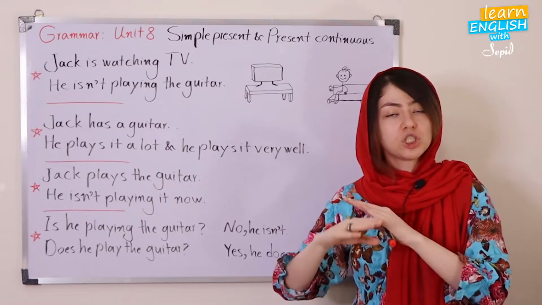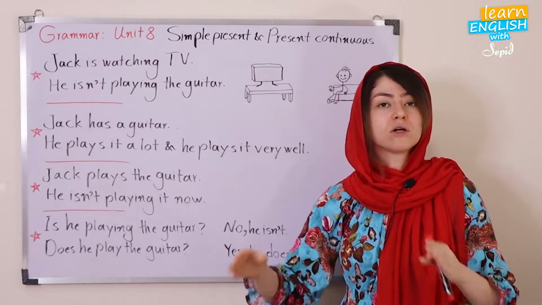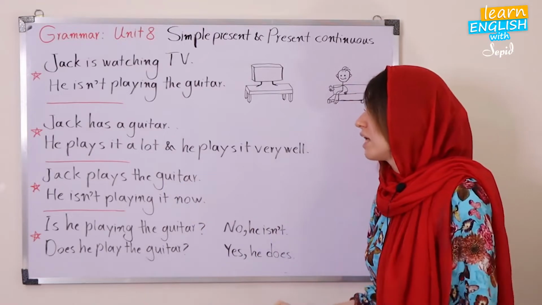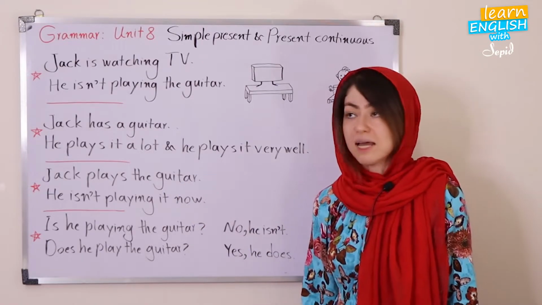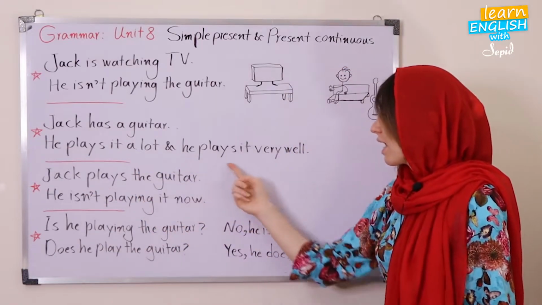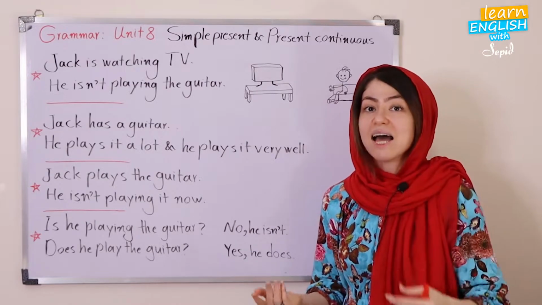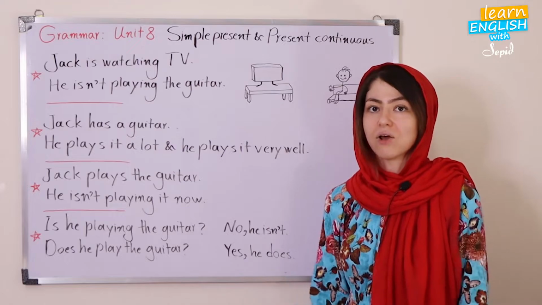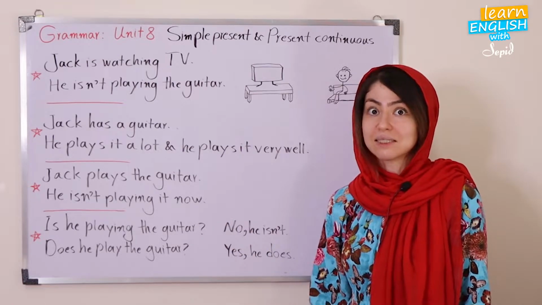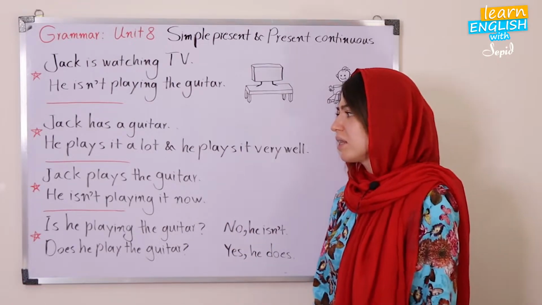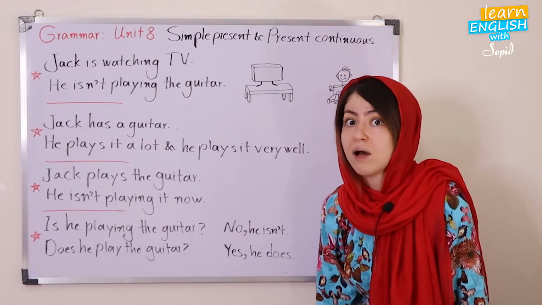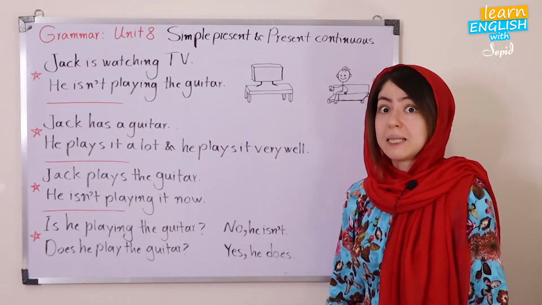So we are talking about the general situation in Jack's life, about his habits. So we can use simple present tense. So he plays it a lot and he plays it very well. It means that he generally has the talent, okay, for playing the guitar. That's the case.